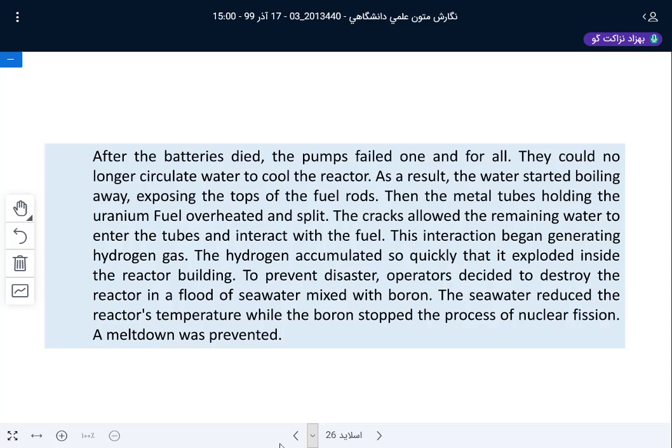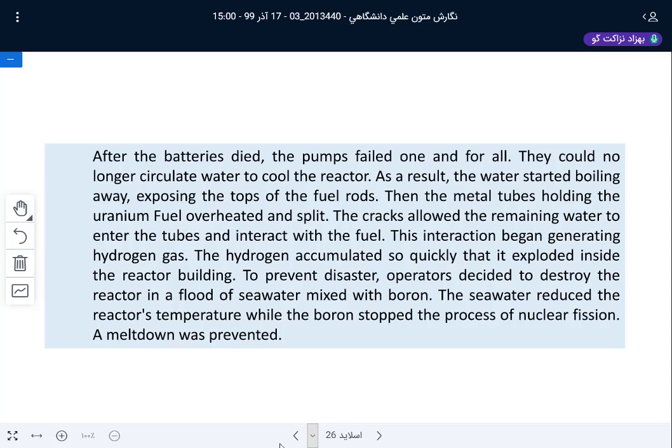This interaction began generating hydrogen gas. Hydrogen accumulated so quickly that it exploded inside the reactor building. To prevent disaster, operators decided to destroy the reactor in a flood of seawater mixed with boron. The seawater reduced the reactor's temperature while the boron stopped the process of the nuclear fusion.